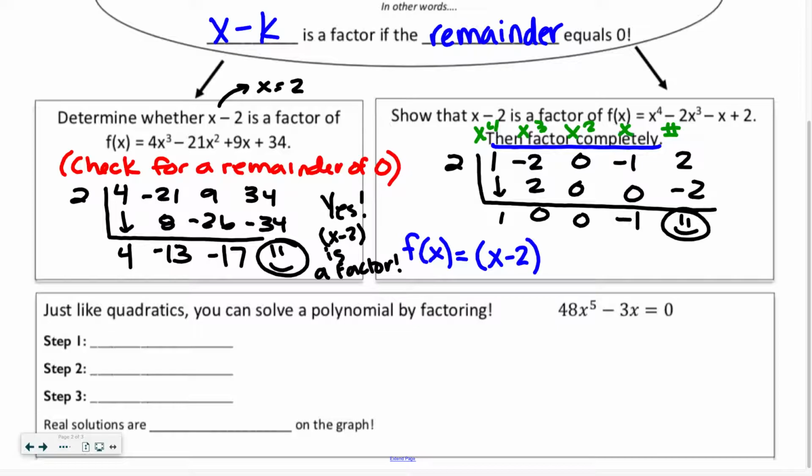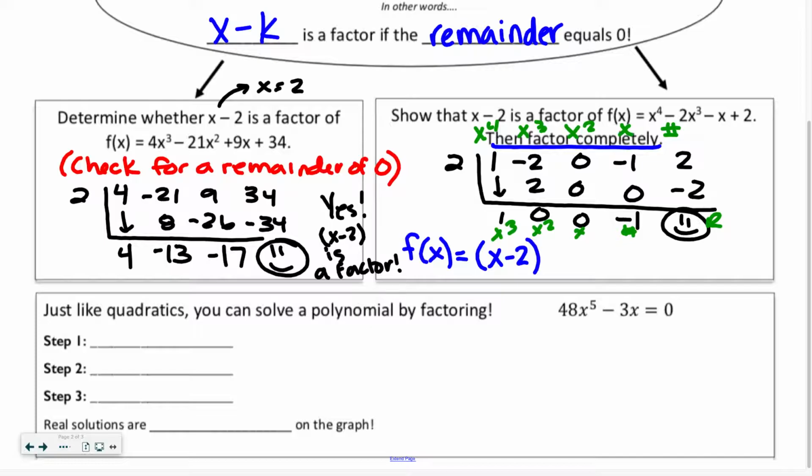Remember, your quotient times your divisor gives you the thing that you divided. So if these were x to the fourth, x cubed, x squared, x, and a number, remember when we divide, they're always one less. So this is now x cubed, x squared, x, and a number, and of course this 0 was my remainder.